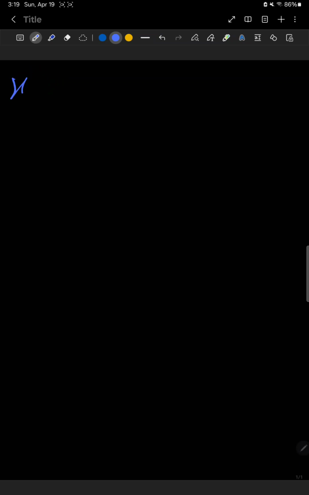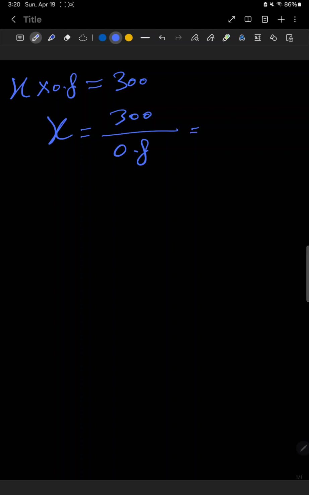Let's say X is the original price times 0.8. That equals the price he was giving me, $300. So X equals 300 divided by 0.8, which is 375. Especially for MBA students, we see this a lot.